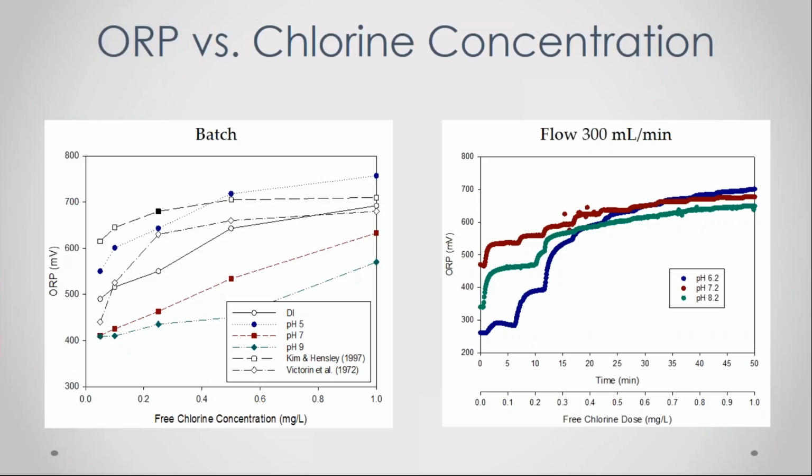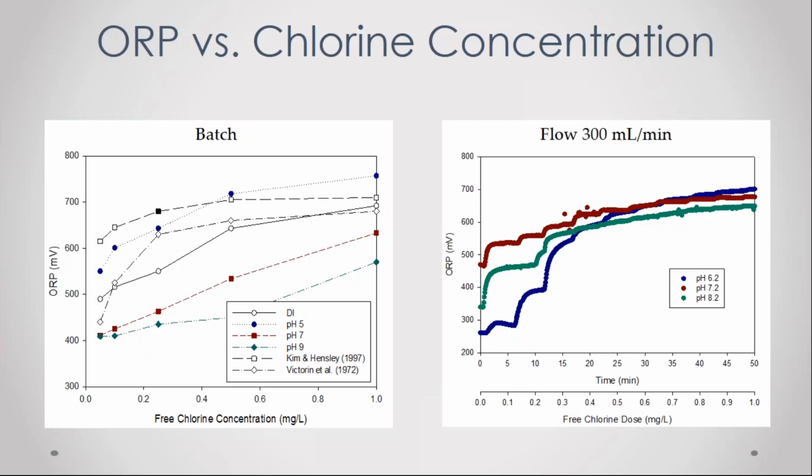Based on the standard potentials, the ORP values follow the expected trend, where the higher the pH, the lower the ORP, and the lower the pH, the higher the ORP. So this sort of made sense, but we were just trying to get a gauge into what the relationship of ORP versus free chlorine would look like in a batch system.